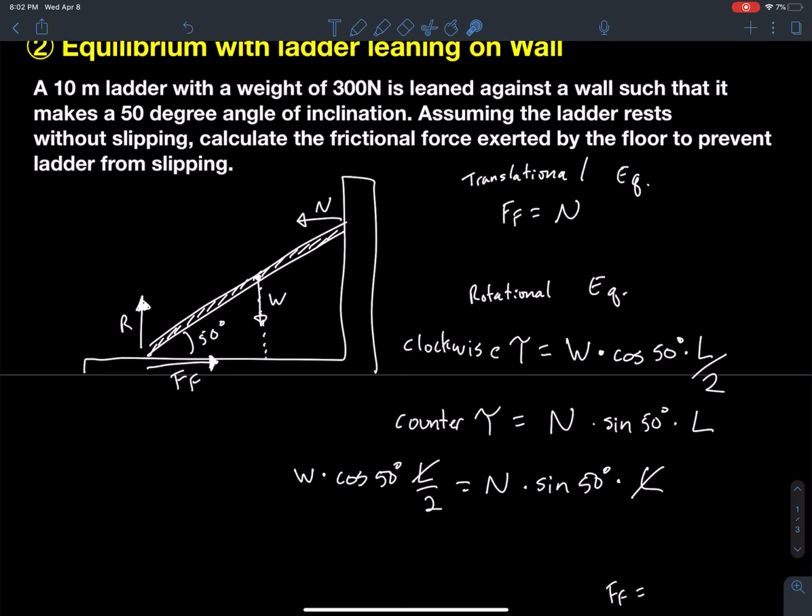So if I solve for N, I'll get FF. That's what we're after. So then if I rearrange everything, 300 newtons times cos 50 degrees over 2 times sine of 50 degrees is going to be equal to N, which is equal to the force of friction.